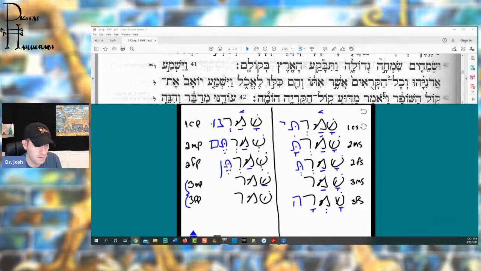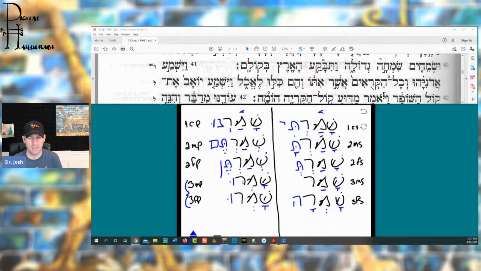And then these are, for better or for worse, the same. Shamaru, shamaru. So these are the third masculine and feminine plurals. They look the same.